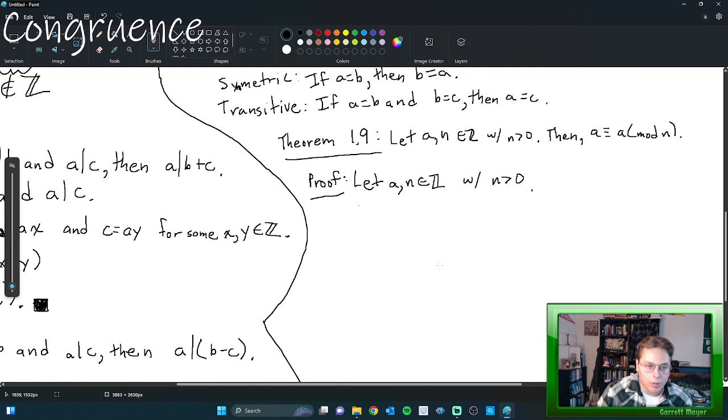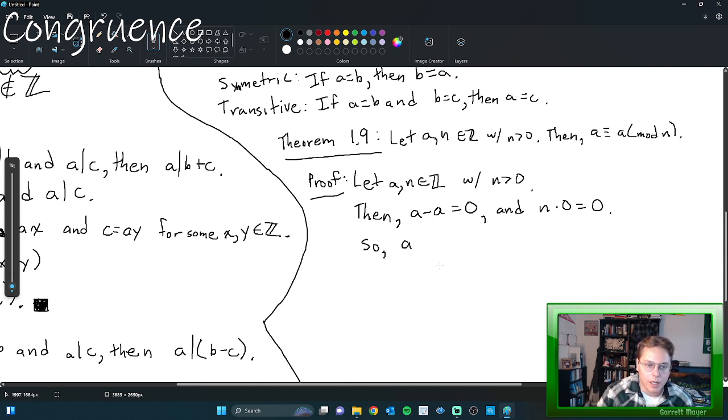So remember that what we're trying to show is that n divides A minus A, basically. So what is A minus A? A minus A equals 0. And we also know that n times 0 equals 0. And 0 is an integer.